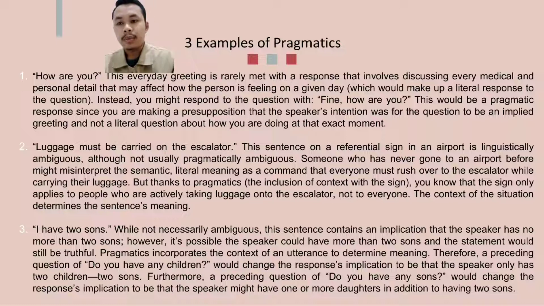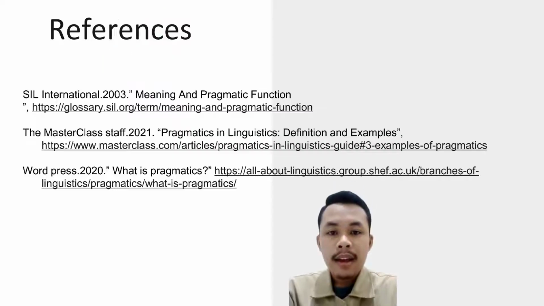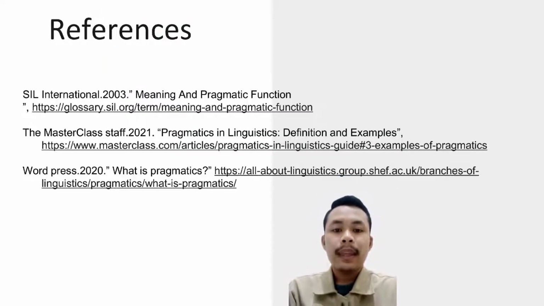Furthermore, a preceding question of "Do you have any sons?" would change the response implication to be the speaker might have one or more daughters in addition to having two sons.